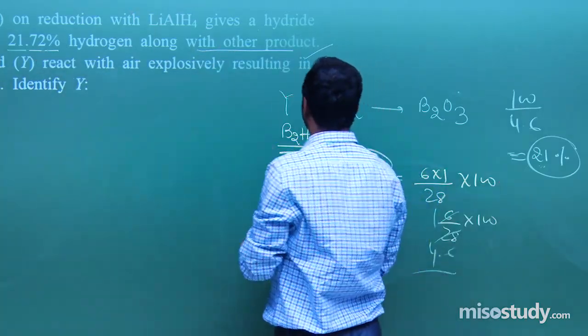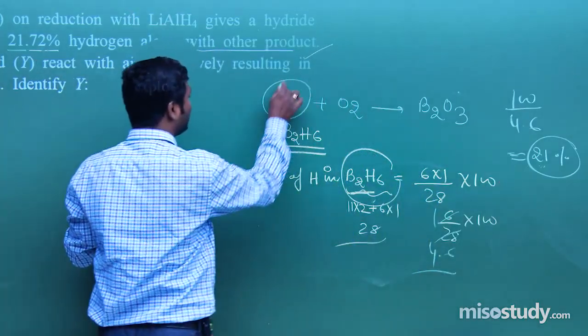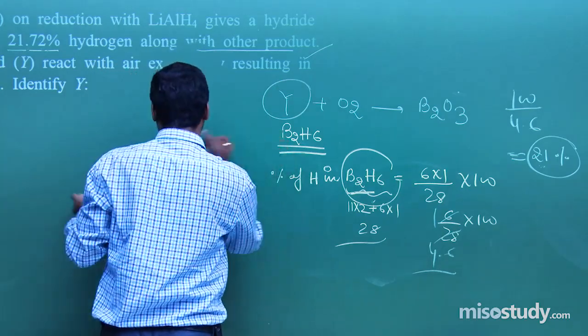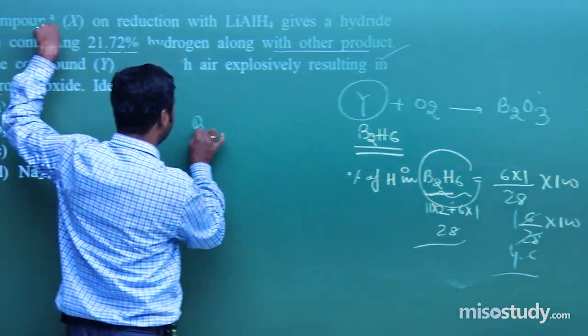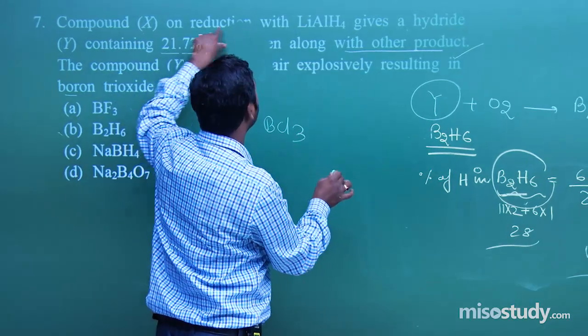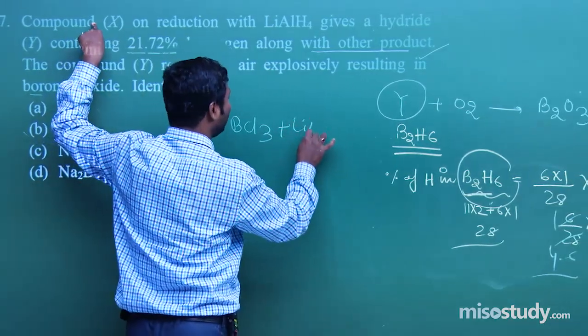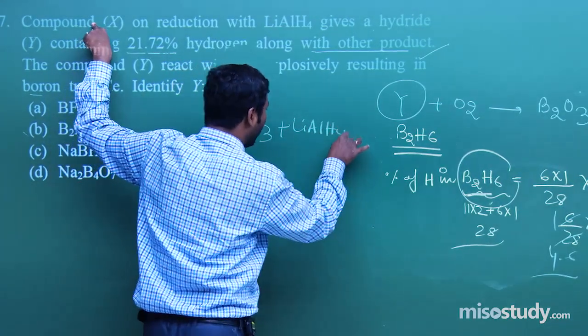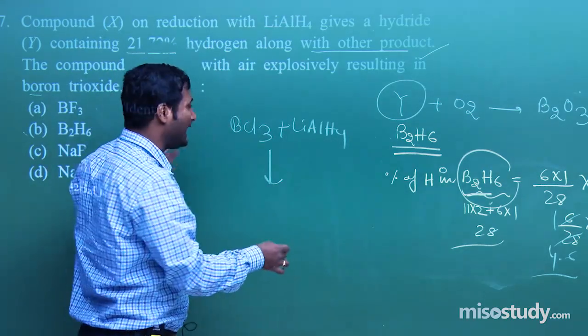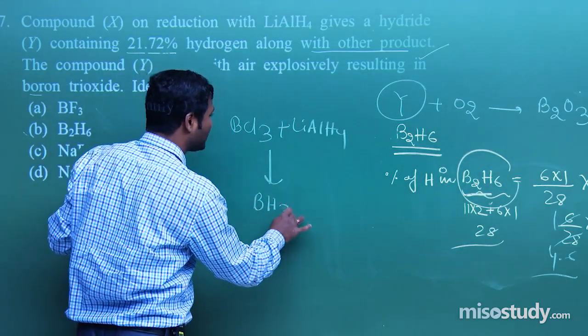So now we can easily guess that Y is B2H6. And what is X? As I told you, BCl3, because on reduction with LiAlH4, the removal of chlorine and addition of hydrogen takes place, it gives you BH3.